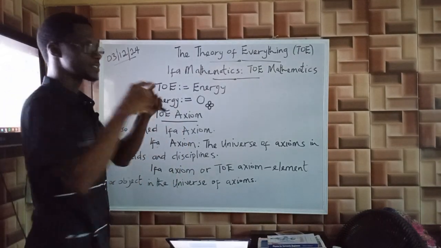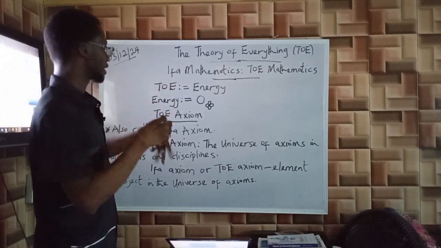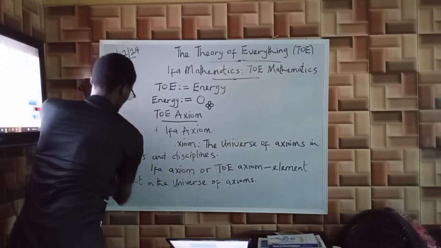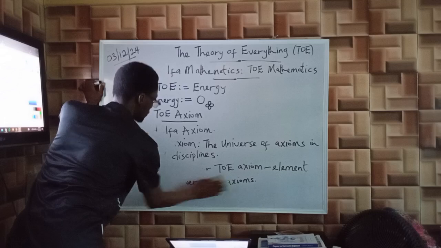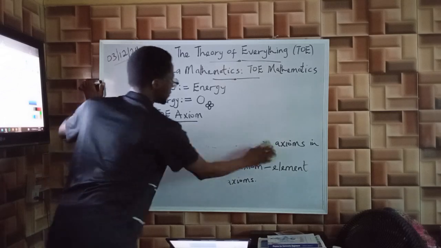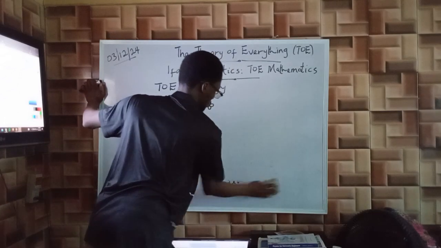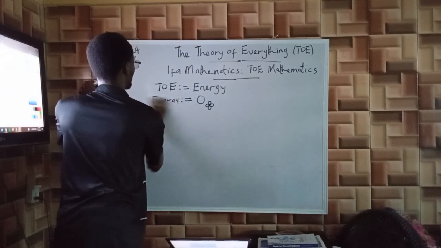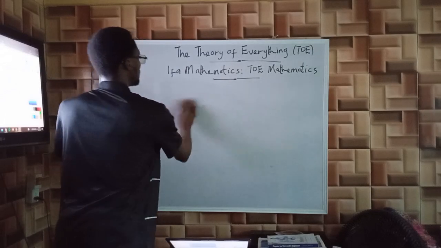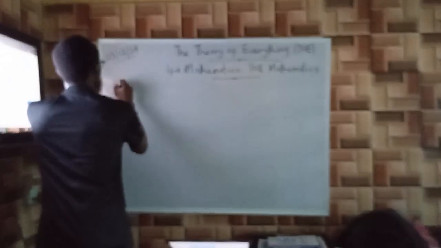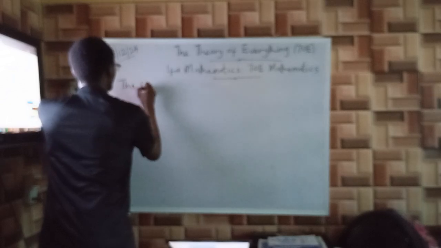So let's look at the 8 categories of these axioms. We have the 8 theory axioms.